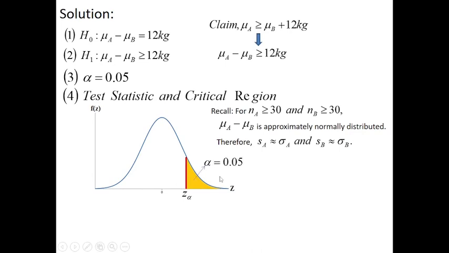We know that alpha is 0.05, denoting error to the right because of the greater than symbol. So this is 0.95, the region that is not shaded. So what is z sub alpha? Using table 8.3, we will arrive at 1.645.